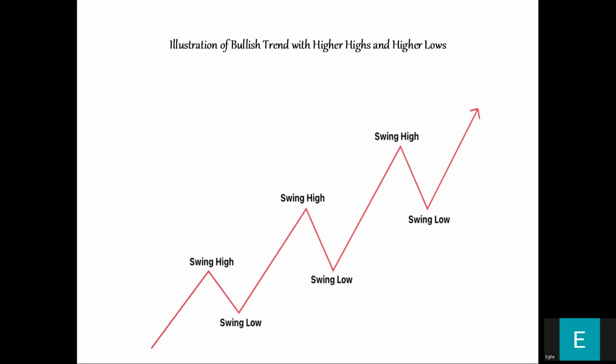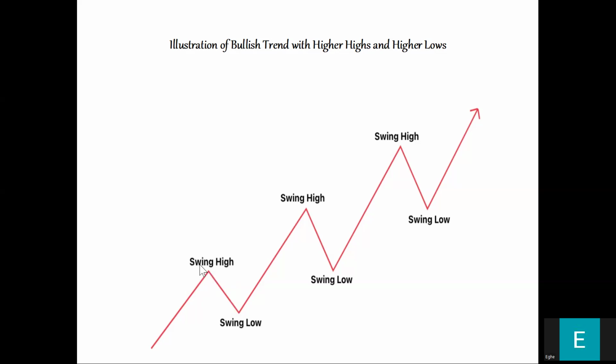What we mean by higher highs and higher lows is that price took off from here, pushed, and created a swing high. Then this is a moment of a retracement, price pushing from a discount level to a premium level.